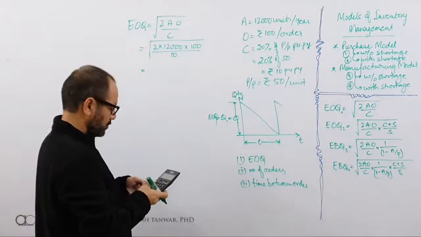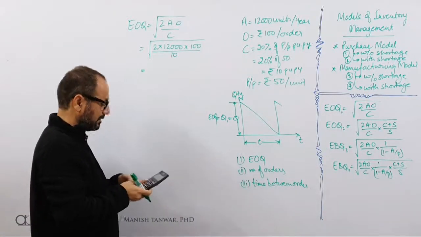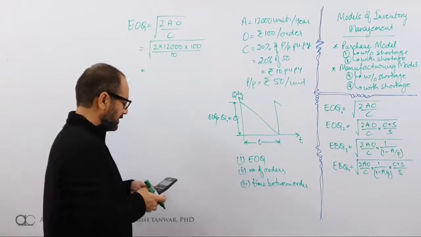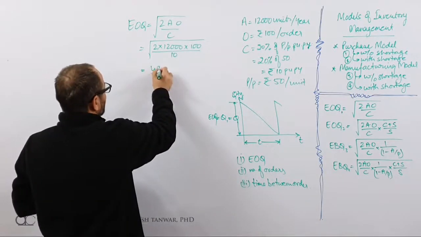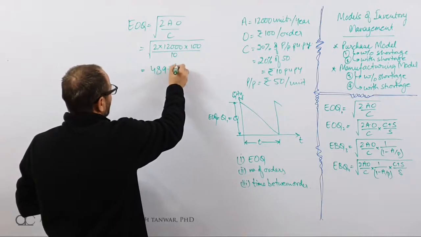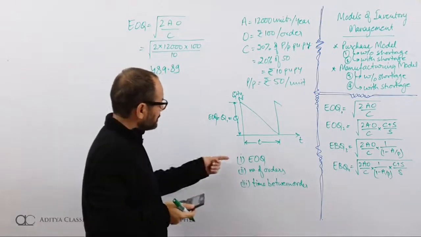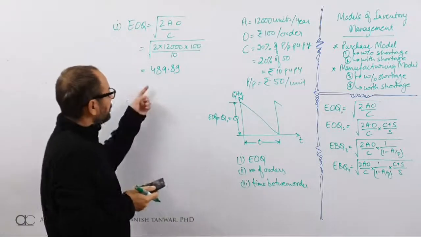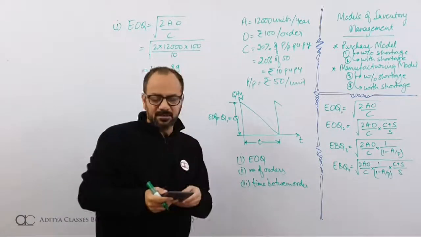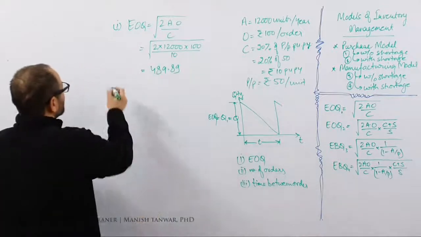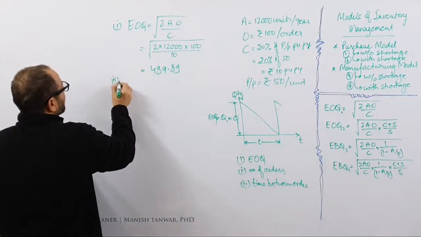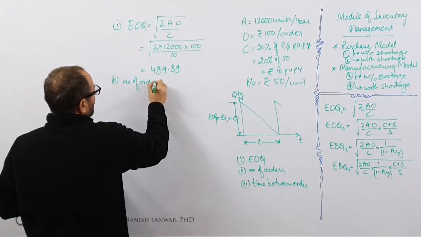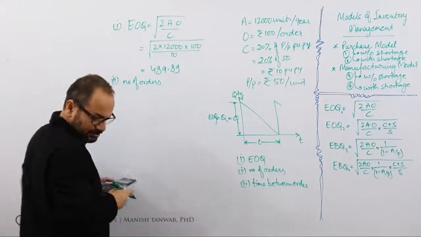It will be under the root 2 multiplied by 12,000 multiplied by 100 upon 10, which is 489.89. So this is our first answer: EOQ is 489.89. Then it is the number of orders. How much?